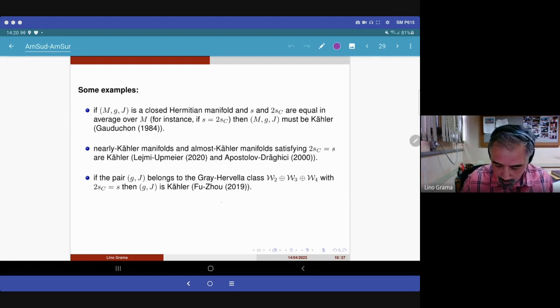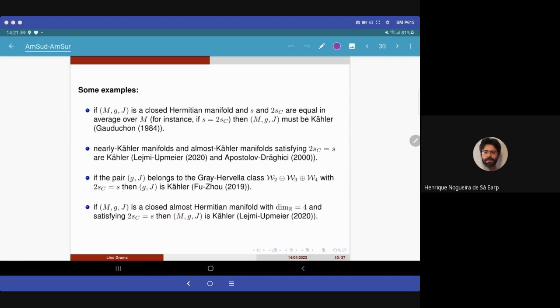Again, very recently, if the almost Hermitian structure belongs to this Gray-Hervella class, and you impose this condition, then the structure must be Kähler.